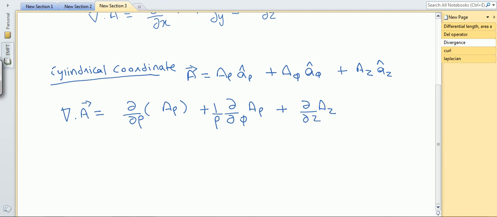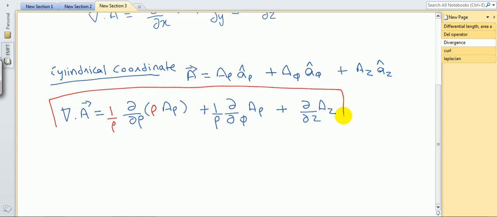Here we know that phi is not a length, so 1 by rho comes, and a rho also gets multiplied by rho. So this is the formula in the cylindrical coordinate system for the divergence.